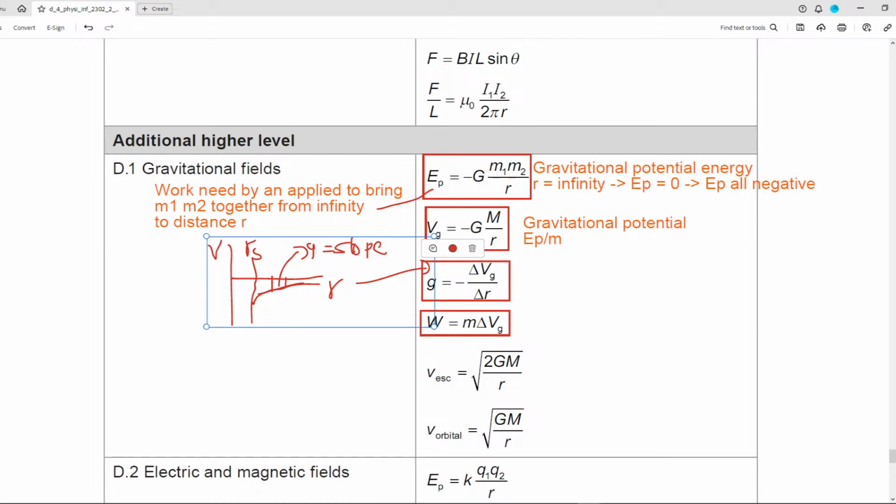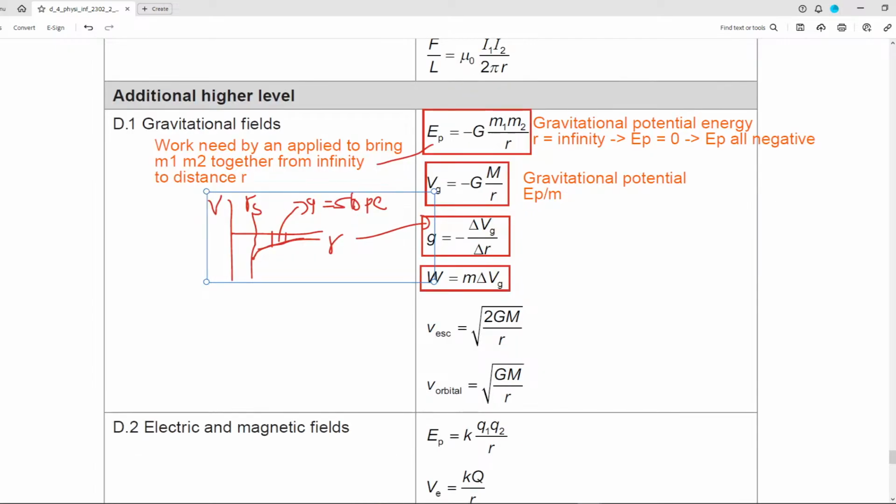But as potential increases, you get further, and gravity gets weaker. So that's why the change is negative, and g is always positive as well. So when we go up, g goes down. It's the negative of the change.